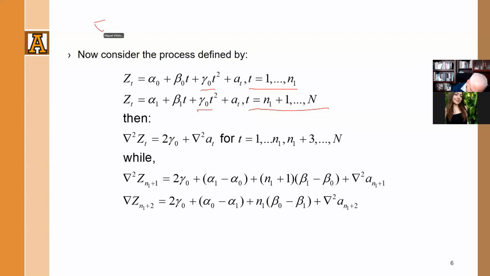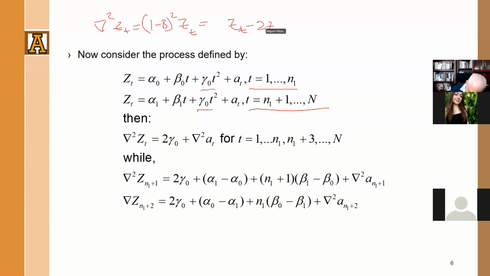Okay. Then the second difference of Z_t, let me write it down up here, is equal to 1 minus B squared applied to Z_t, and that will be C_t minus 2 C_{t-1} plus C_{t-2}, correct?